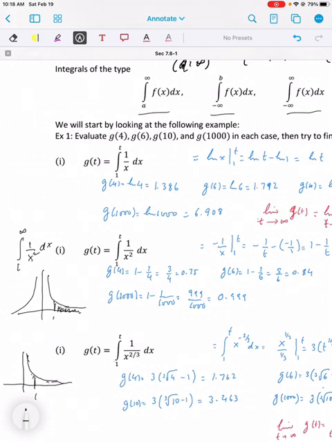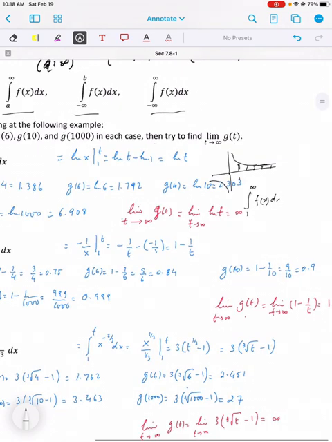The other two didn't. So what was the common thing between the ones which diverged and the one which converged?